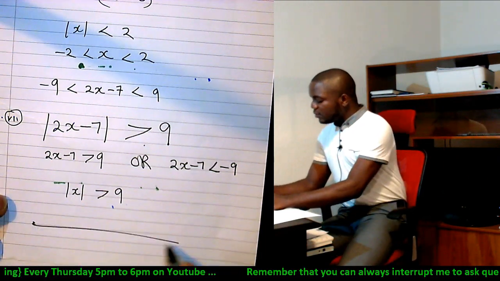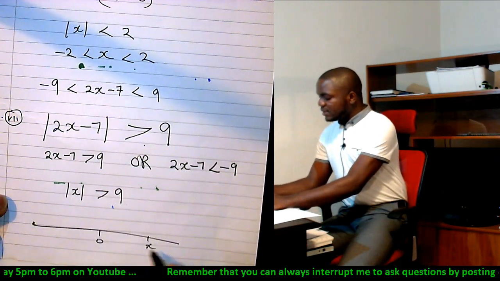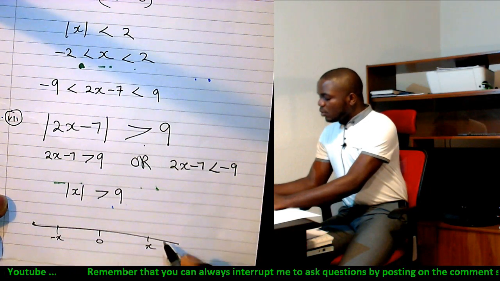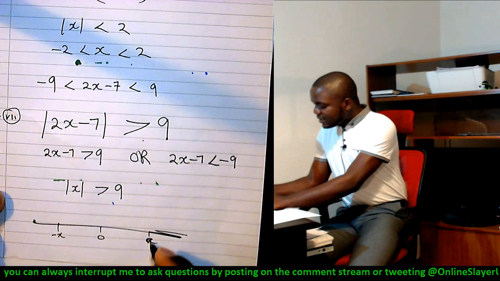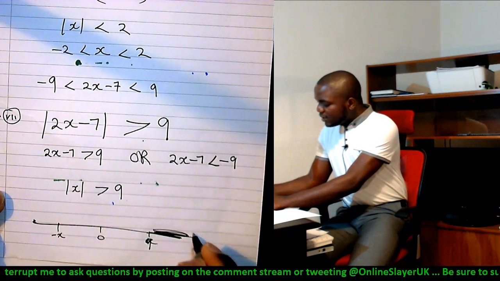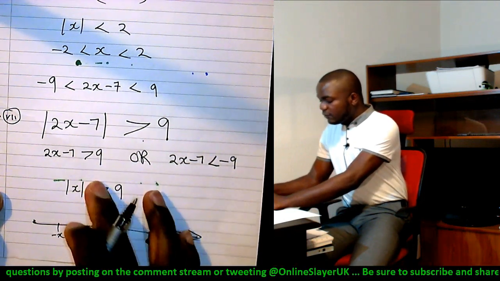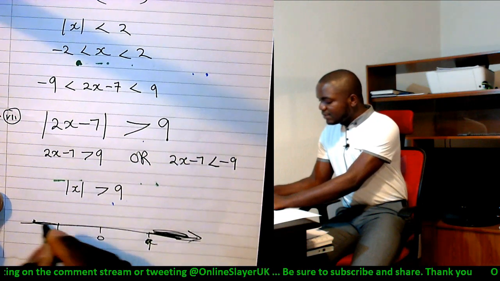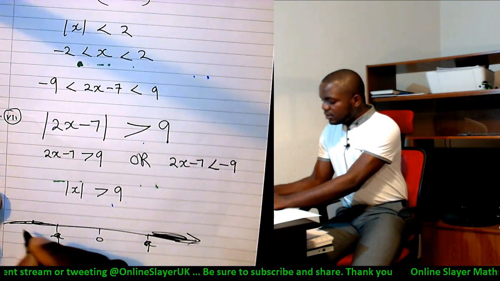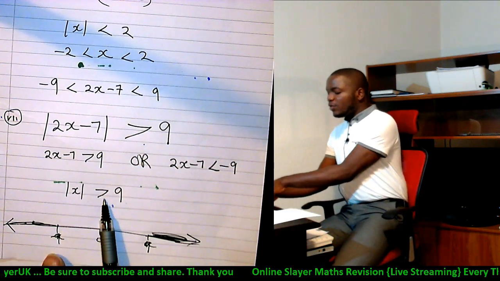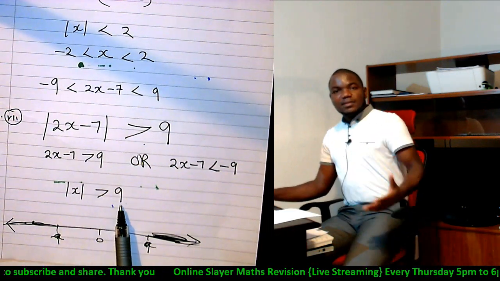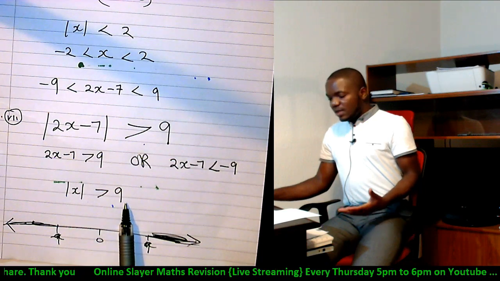So if this is our number line and this is the 0, and this is x, or this is minus x, we want the distance to be greater than 9. If this is 9, every other thing more than 9 should work for this problem, and every other thing less than minus 9 should work too, because we want to make sure we are far away from 0 by 9.